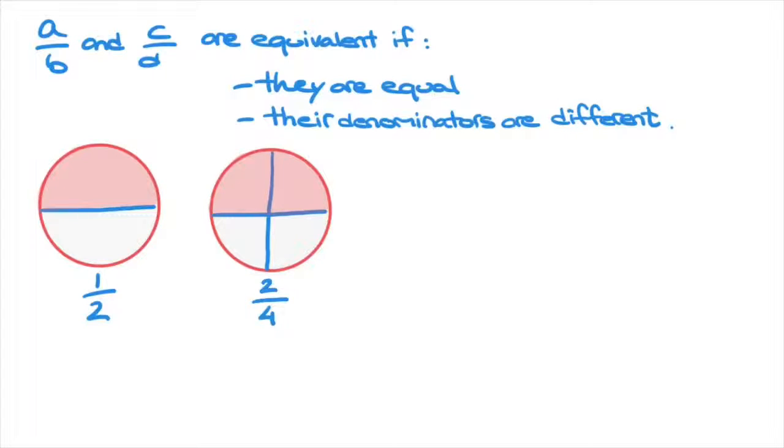What this simple example shows us is that 1/2 is equal to 2 quarters. And these two fractions, 1/2 and 2/4, are equivalent fractions because they're both equal in terms of quantity or value, but they're written over different denominators.